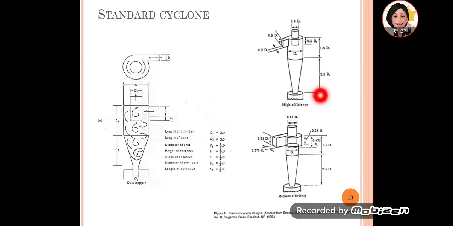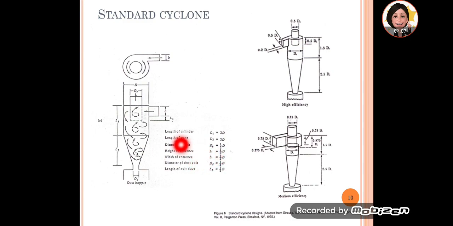Okay, so for high efficiency, it is slightly different. For example, this part is half D. So H, the height of entrance, is half of D. Oh no, this H is the height of entrance. We want to know this one, which is L3. L3 is the length of exit duct.